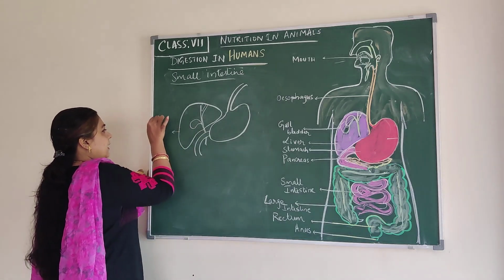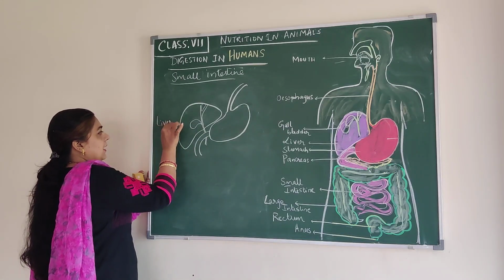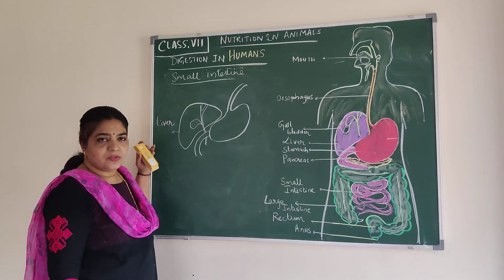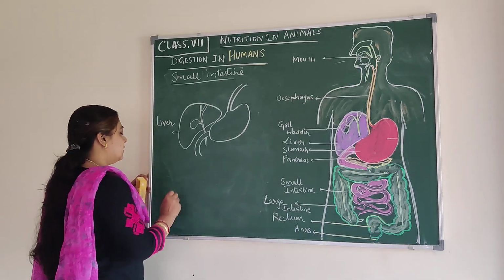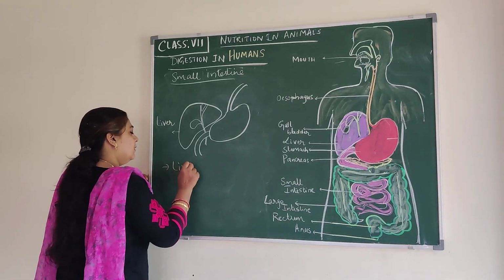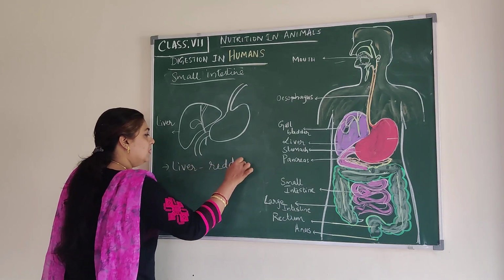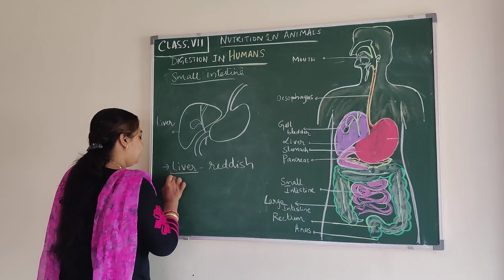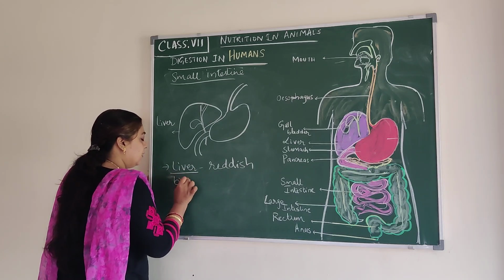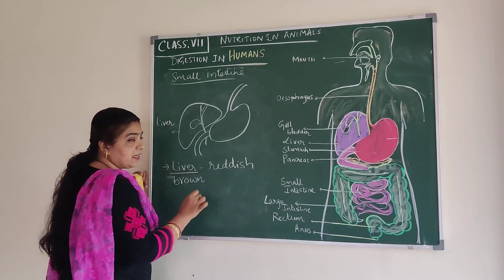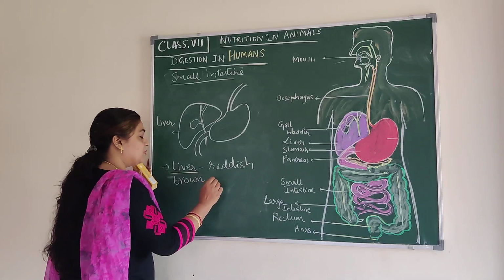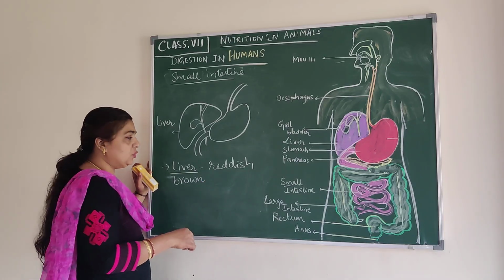This gland is called the liver. So what is the liver? The liver is a reddish brown gland which will secrete a chemical substance called bile juice.